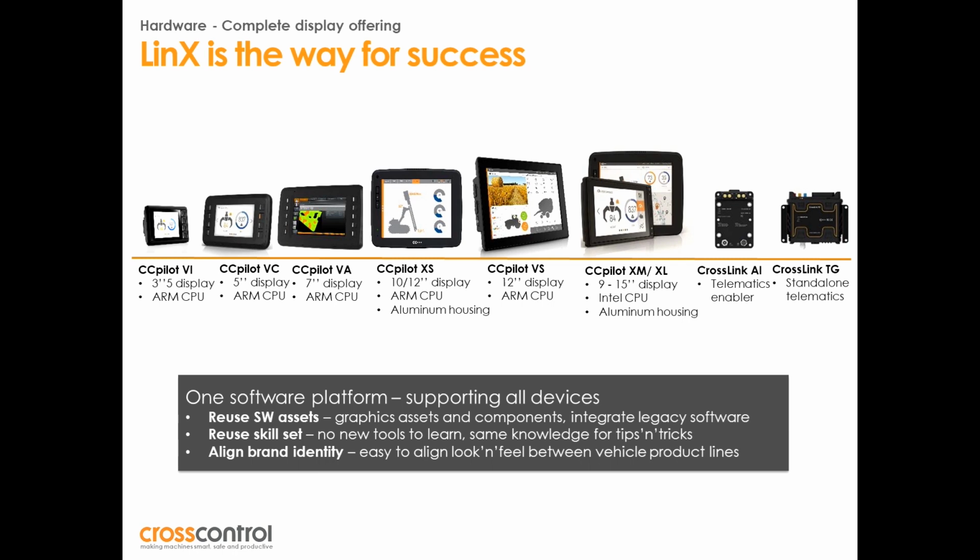The CrossLink TG is a standalone telematics unit which contains a Linux operating system and CPU and software execution power itself. So there we have the LinX Software Suite also deployed. That also includes Qt.